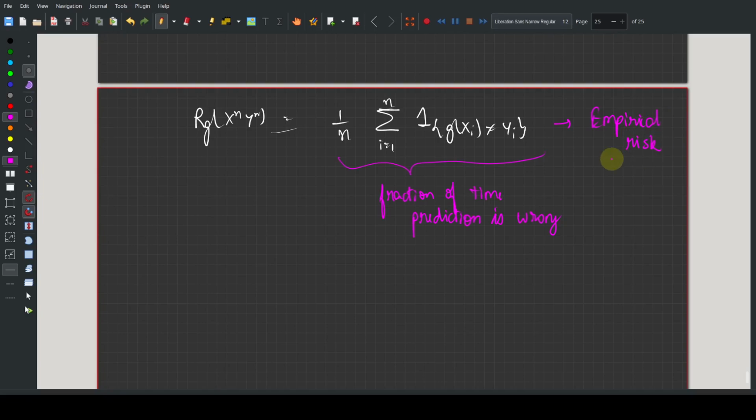So one way to design a classifier is to find a G that minimizes this empirical risk.